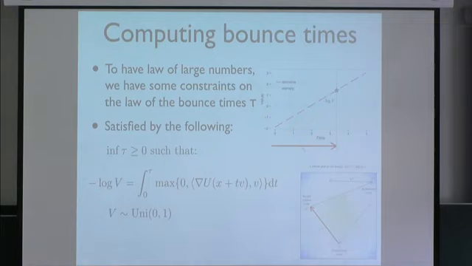Given the dynamics and bounce that I gave you, a sufficient condition is to have these bounce times tau satisfy this integral equation. So let me go over this to show that this is not as hard as it looks.